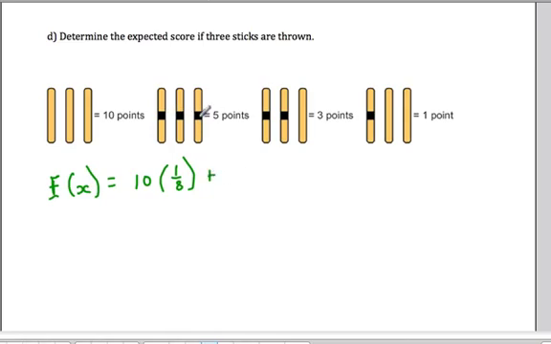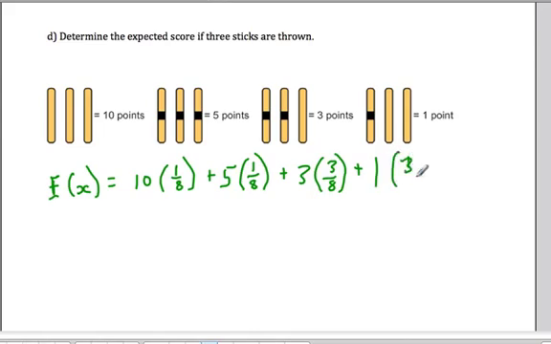If we throw 3 stripes, then we're going to score 5 points, and there is a 1/8 probability of that occurring. If we throw 2 stripes, we get 3 points, and there is a 3 out of 8 probability of that occurring. And if we throw 1 stripe, we get 1 point, and the probability of that occurring is 3 out of 8.